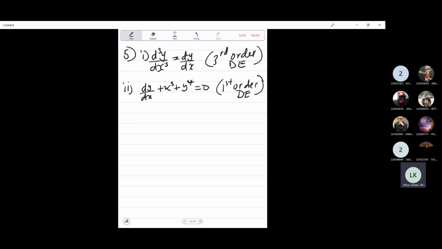Okay, now when we're solving these differential equations, the first way to solve is by direct integration. So we have solutions by direct integration.